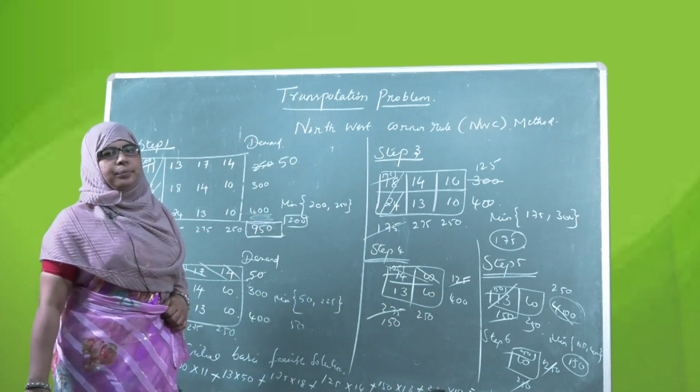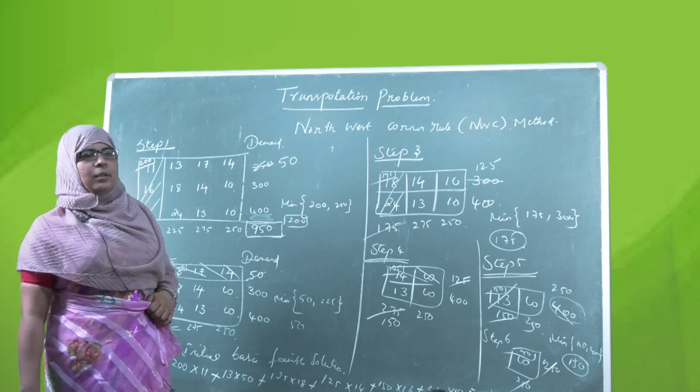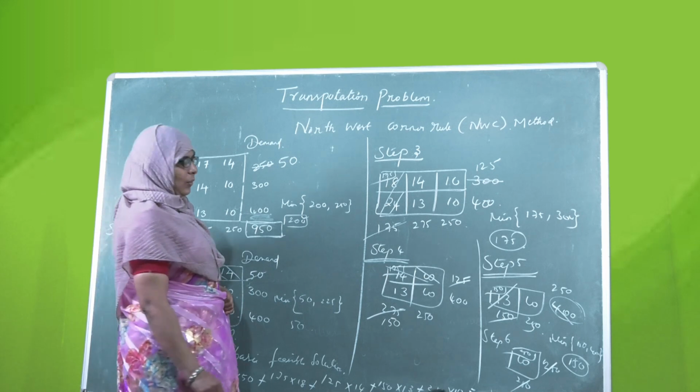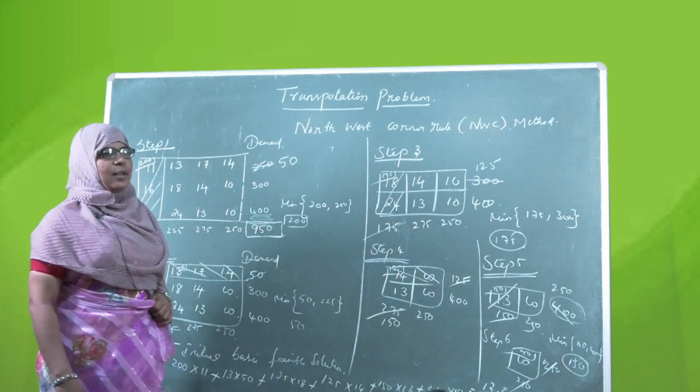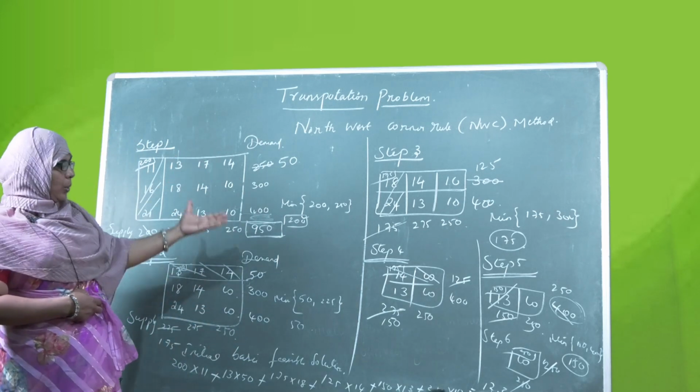What is the answer? 12,200. 12,200 is the answer of the initial basic feasible solution of the northwest corner rule.